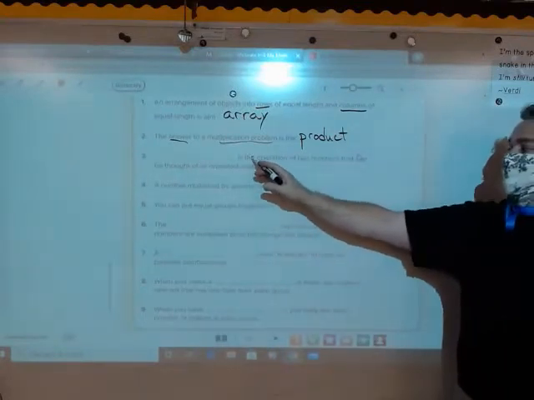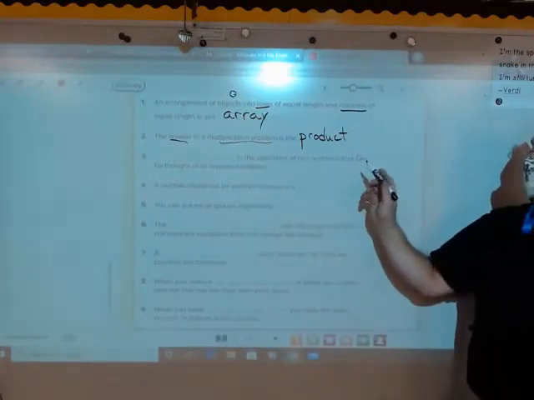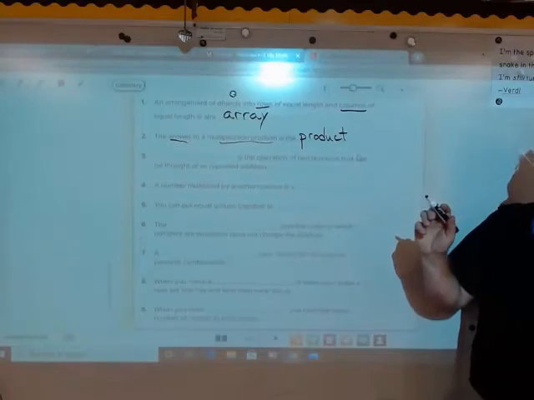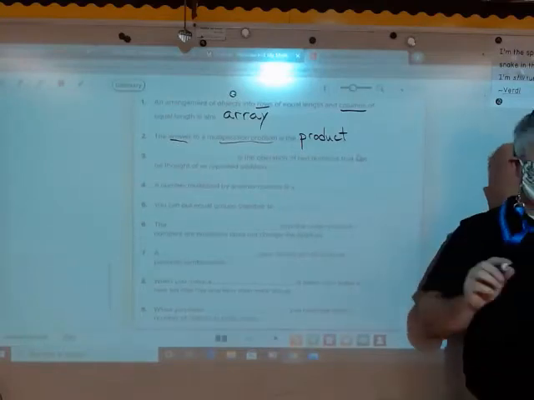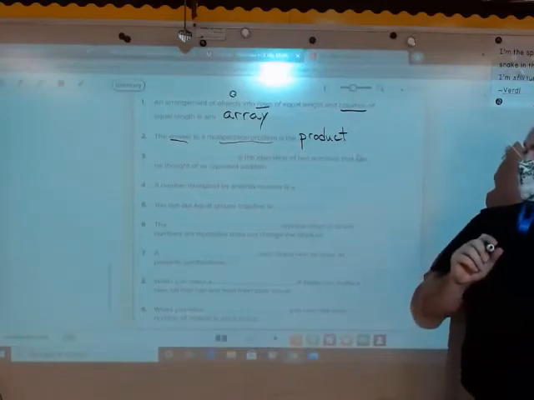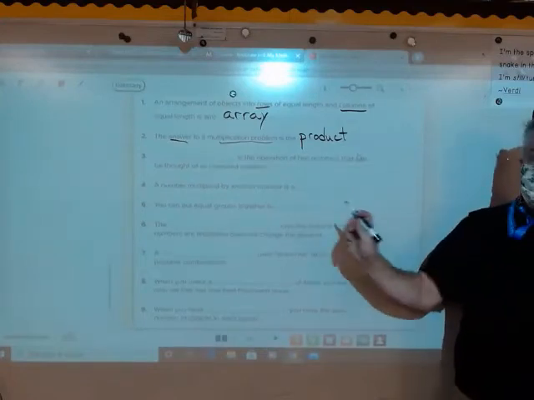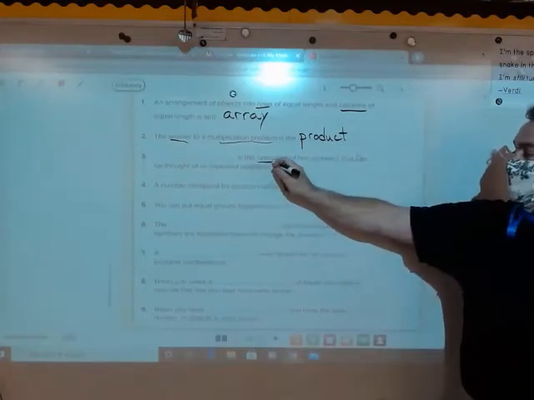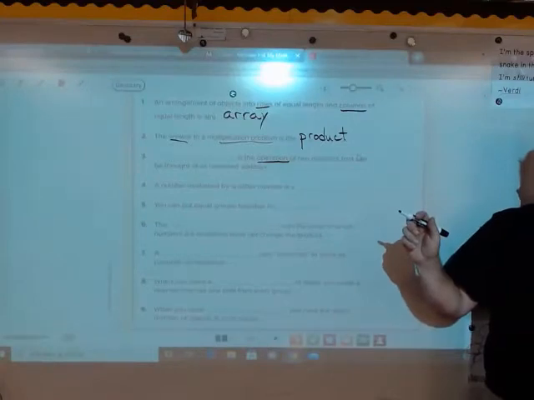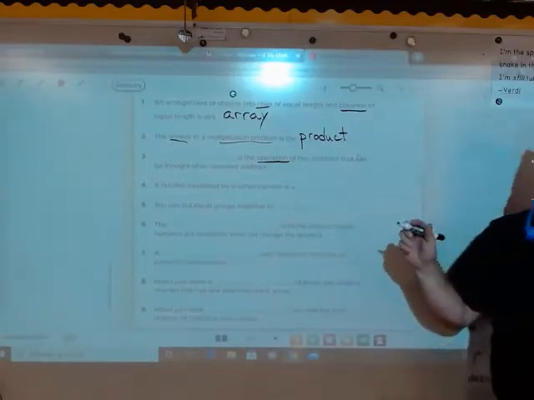Blank is the operation of two numbers that can be thought of as repeated addition. I'm going to give you a hint. The key word there is the word operation. In math, there are 4 operations.